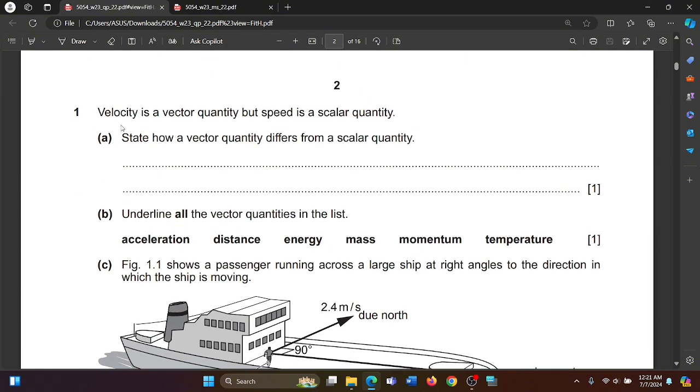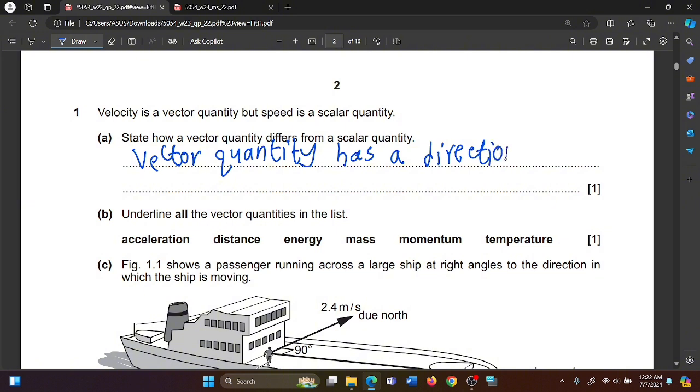In question 1a, it says velocity is a vector quantity but speed is a scalar quantity. State how a vector quantity differs from a scalar quantity. It's a very easy difference. We all know that a vector quantity has a direction and a scalar quantity doesn't. So let's write: vector quantity has a direction and scalar quantity does not.